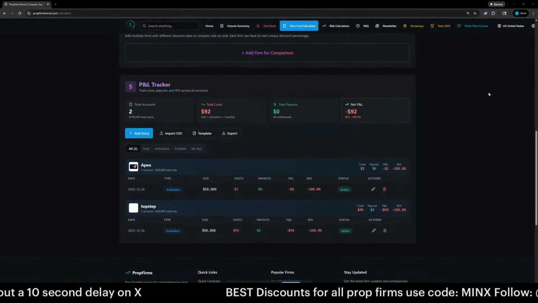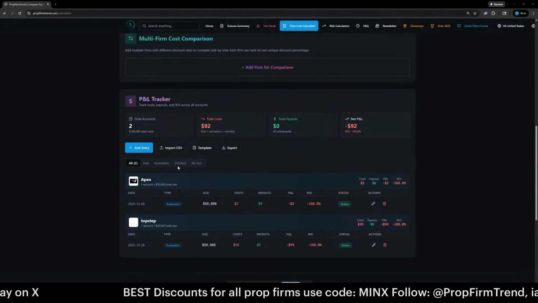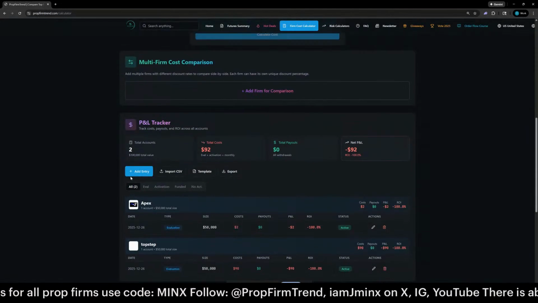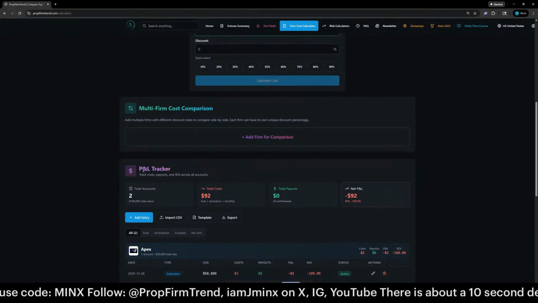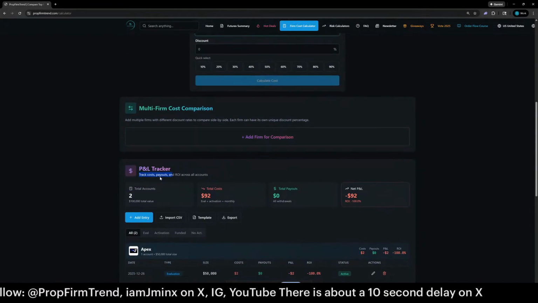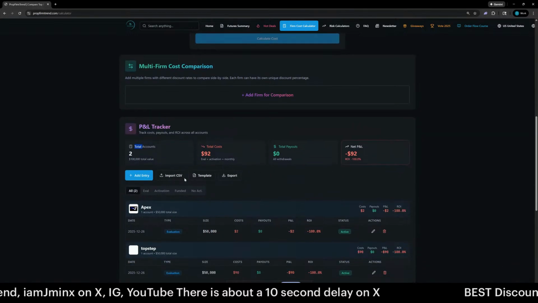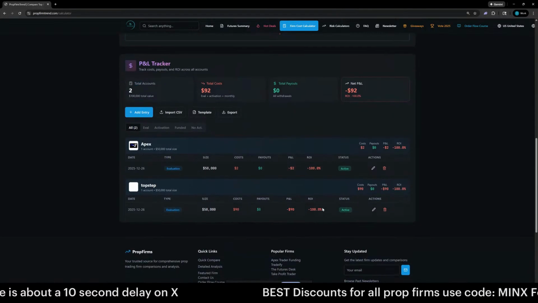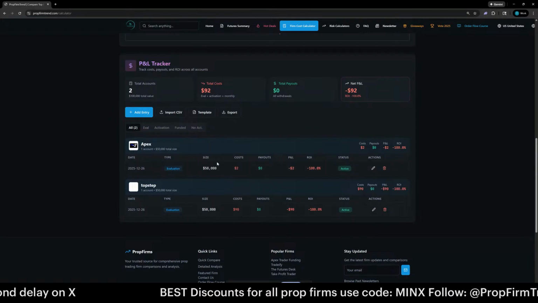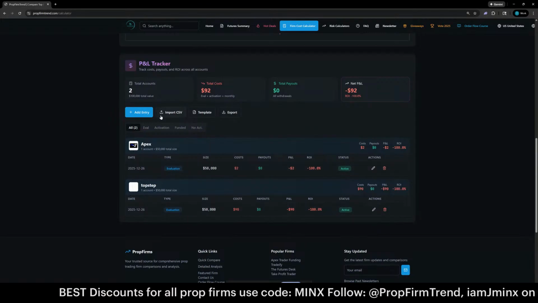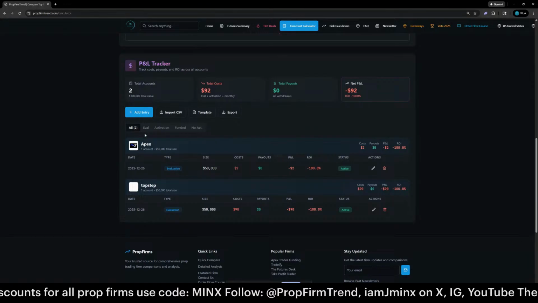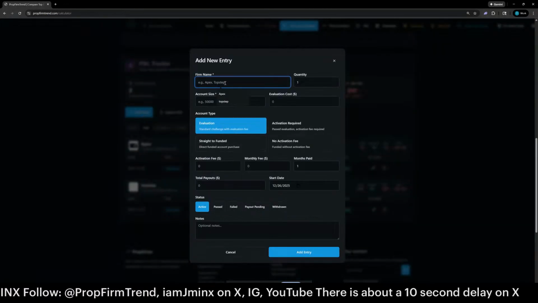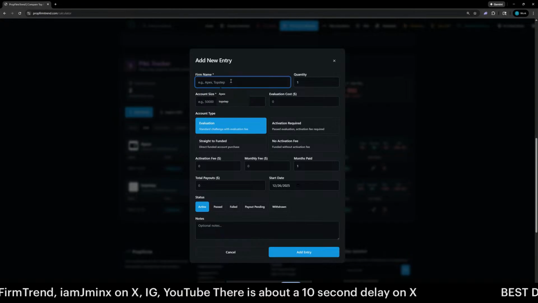I just added these a little bit ago, but you guys can track your own costs and payouts and stuff for prop firms. So this is new. These are fake numbers I just added to see if it's going to hold. You can import, or put in if it's an evaluation.